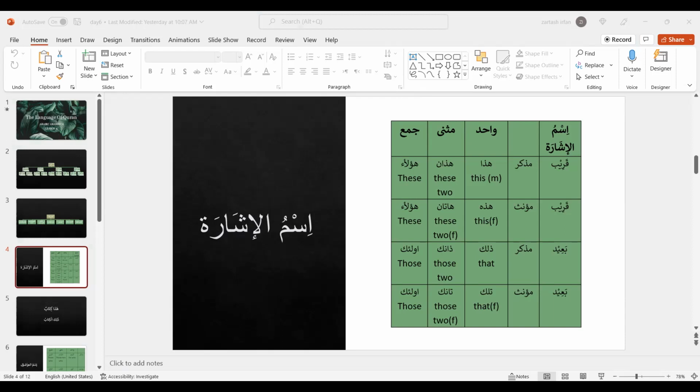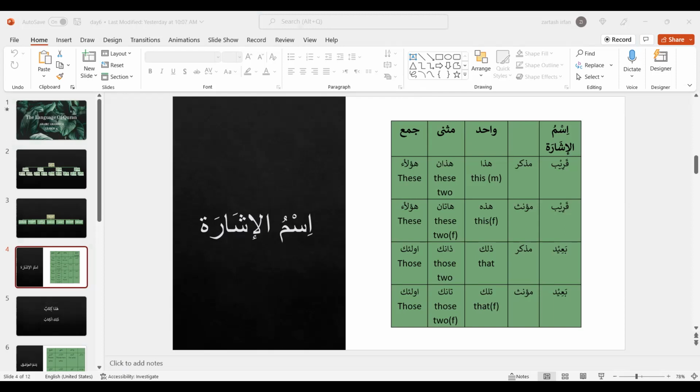Wahid, Musanna, and Jama. Again, for objects which are not close to us or which are far from us, we have 6 words to explain them. Muzakkar and Monas again, 3 for Muzakkar and 3 for Monas. Zalika, that. Zanika, those two.